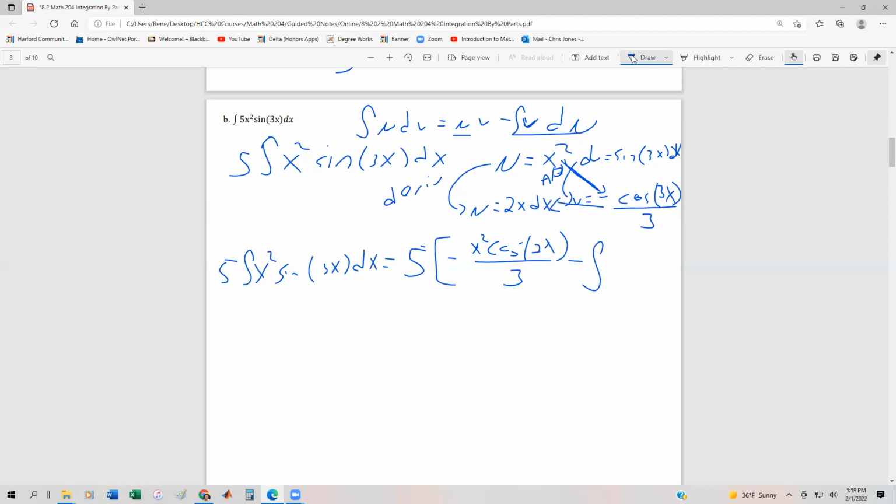So that's going to be minus a negative 2x cos 3x.